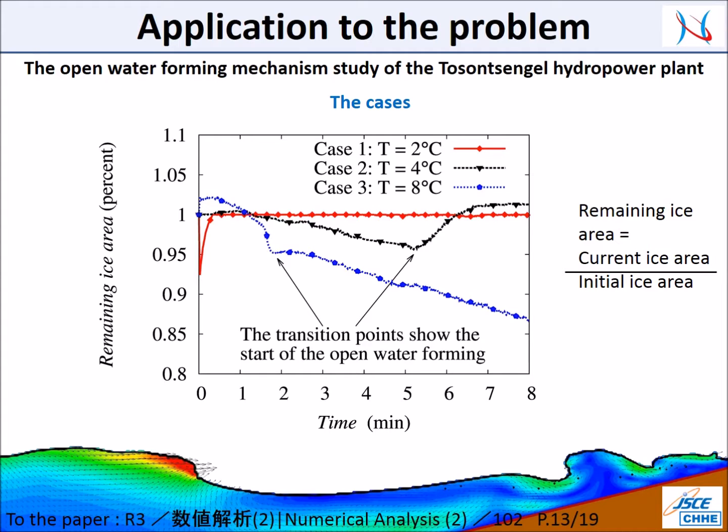No melting and freezing was observed, but the next 2 cases show open water forming, with transition points in the remaining ice area. Case 2 shows melting until the open water and further freezing, while case 3 shows continuous melting during the simulation.